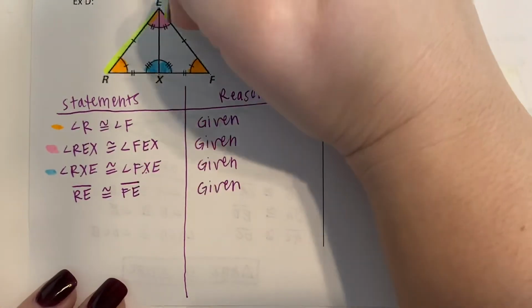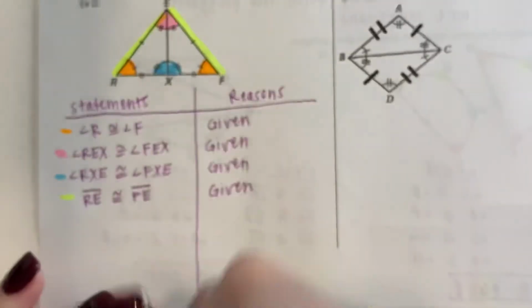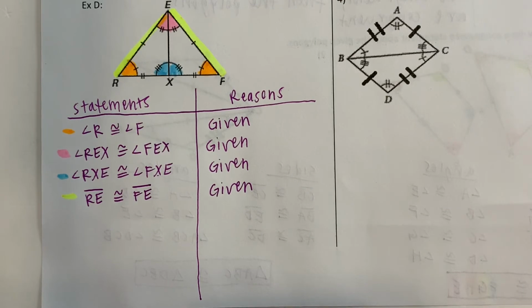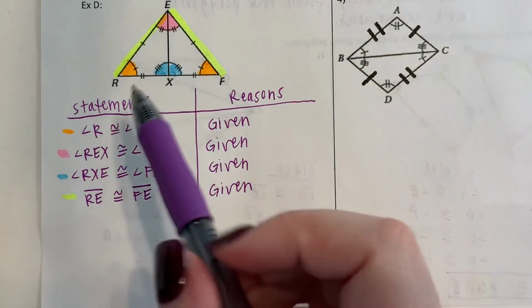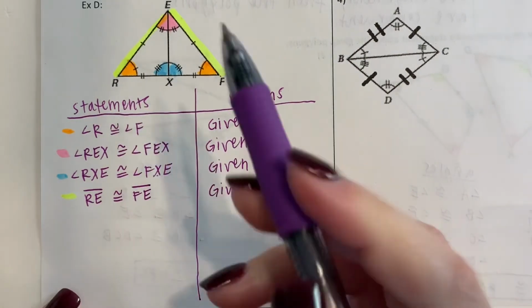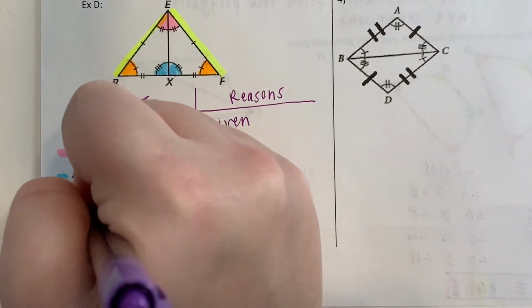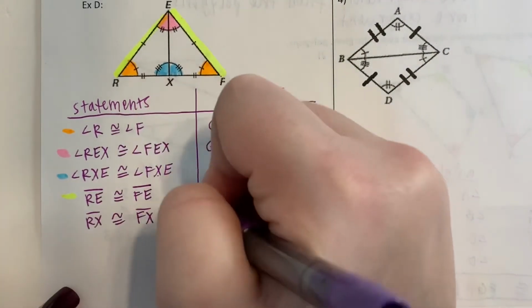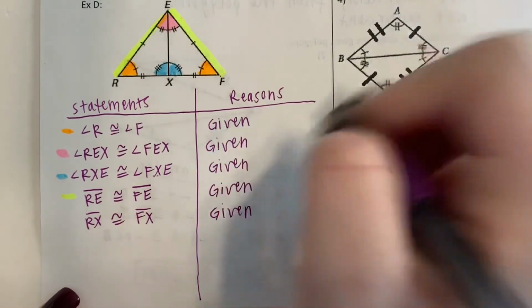Side RE matches with side FE. I see I have 2 sides with 2 tick marks each right here. Side RX matches with side FX, given from my figure.